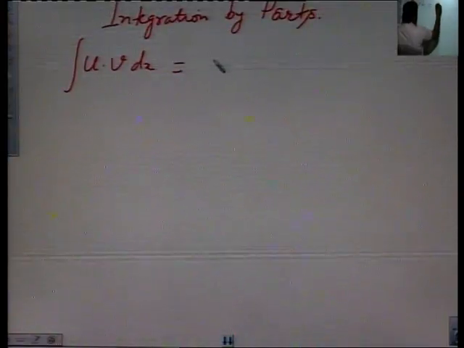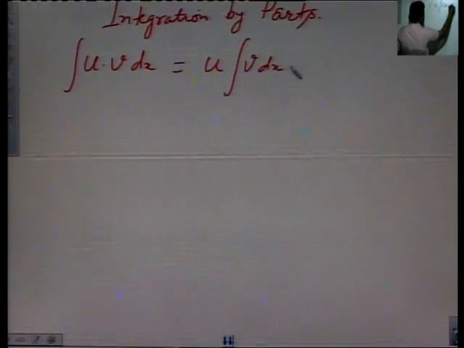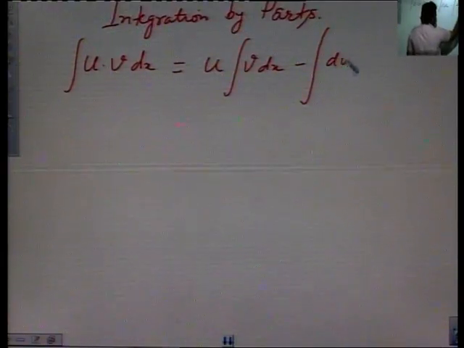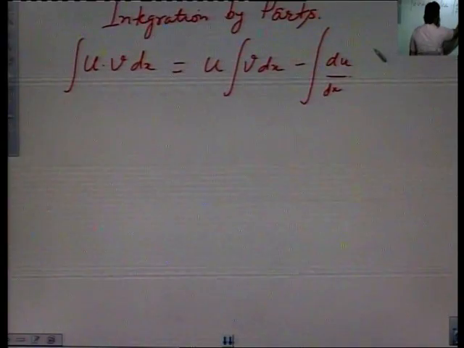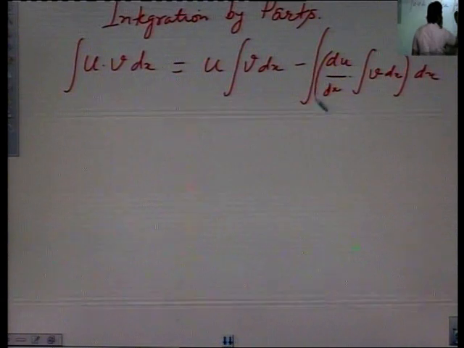When we have two functions, namely u and v, the integration of u into v into dx is equal to u into integration of v dx minus whole integral of derivative of u into integration of v.